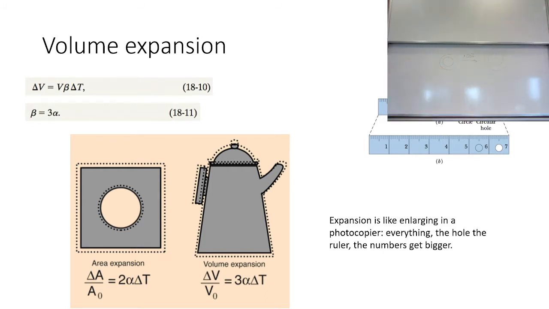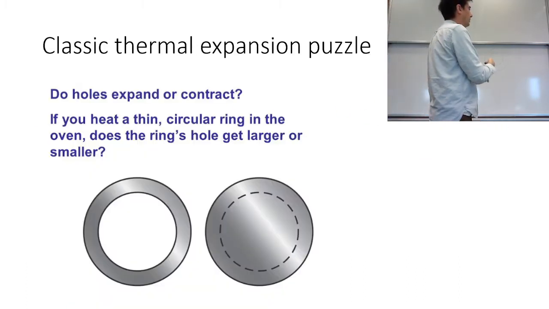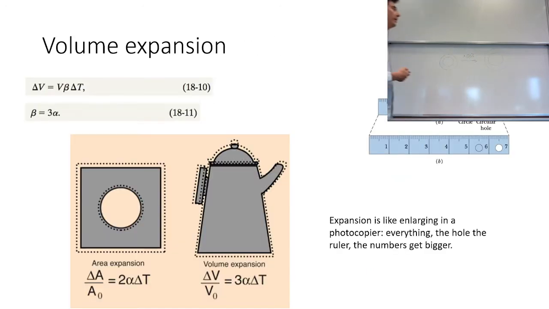So volume expansion: you can also write a similar kind of formula to what we had a couple of slides ago about how much the length expands, but let's say we're talking about a volume.